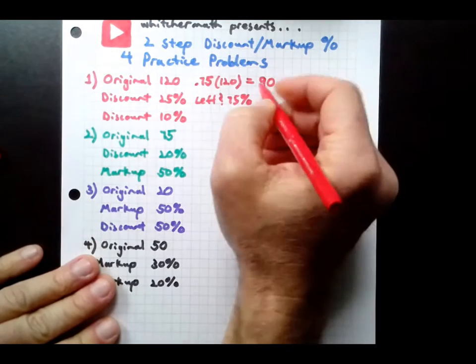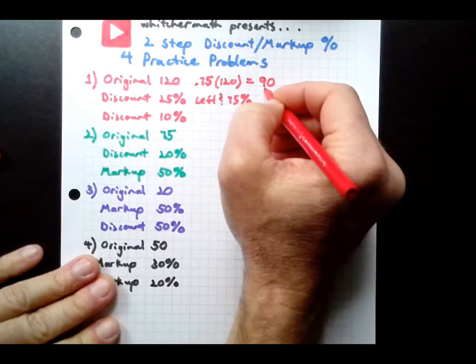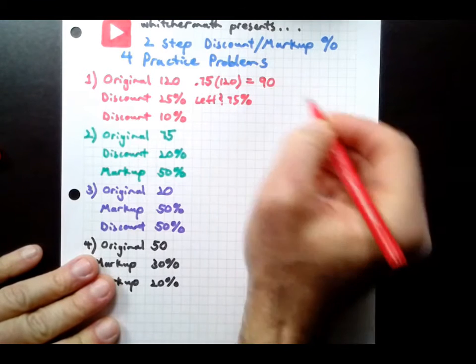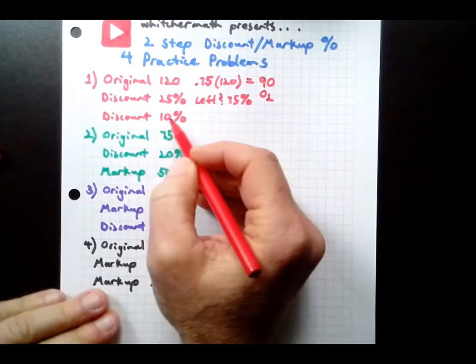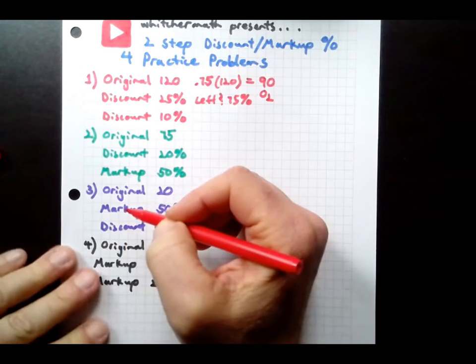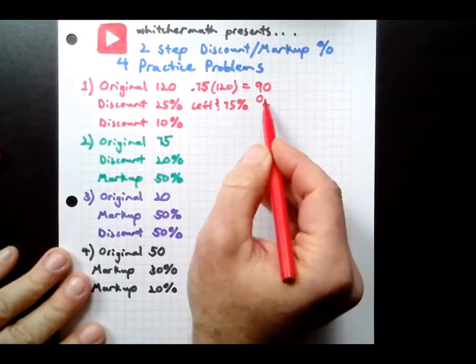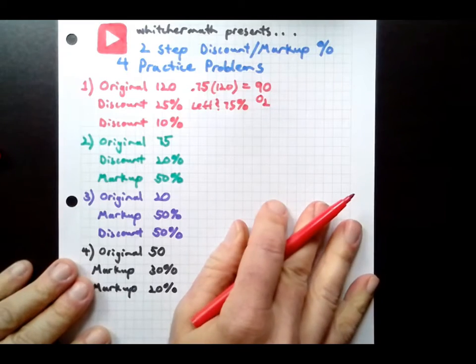In the previous video, we called this answer, which is not the ultimate answer to the problem, the second original. So whatever the discount or markup is in step 2 will always be applied to this second original here.